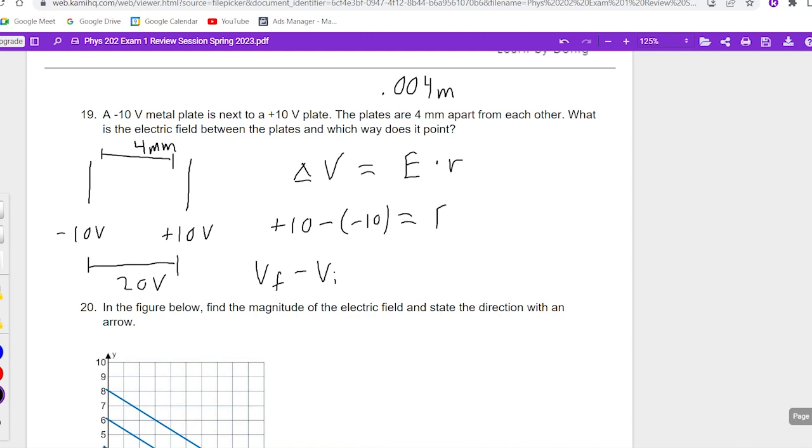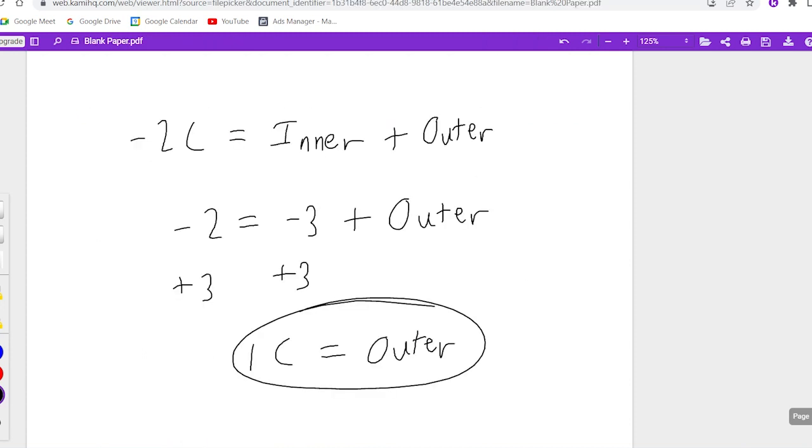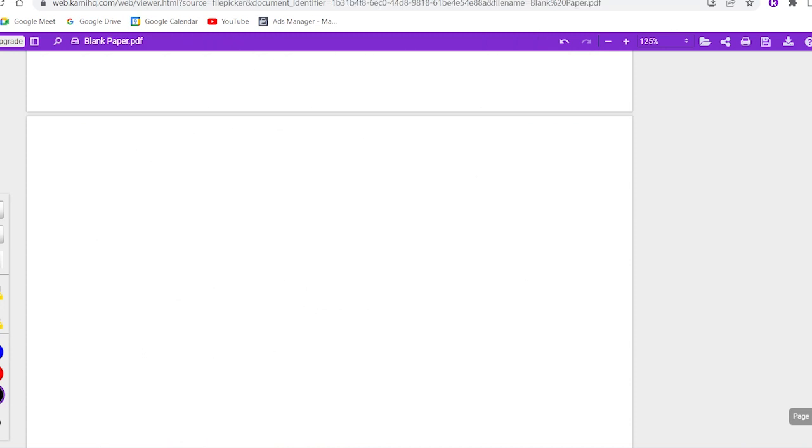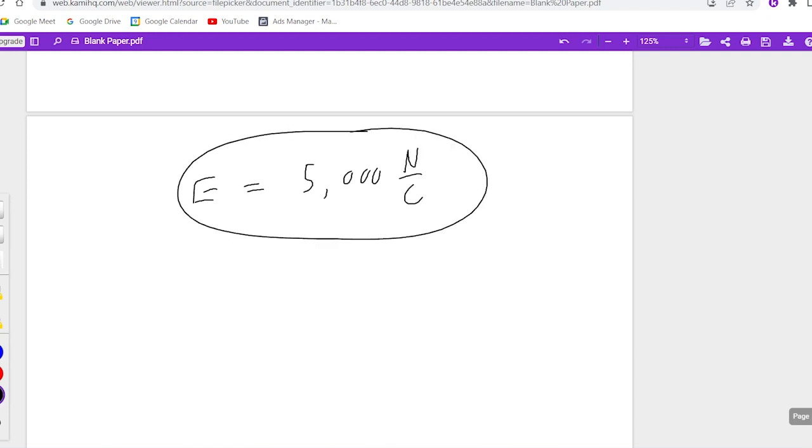On the right side is the electric field, which is what I'm solving for, and R, like we just said, is 0.004. So in other words, 20, positive 20, is equal to electric field times 0.004. You just divide both sides by 0.004, and we're going to get an electric field of 5,000, and that's newtons per coulomb.